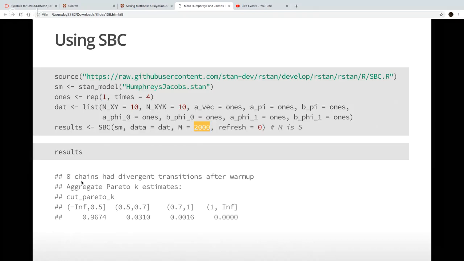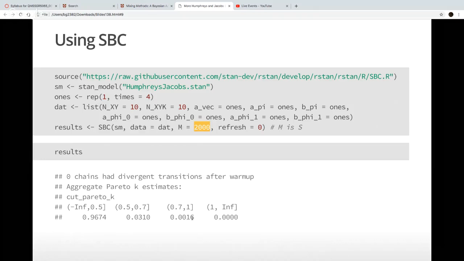So that's good. We also get these Pareto k-hat statistics by internally calling the loo function and evaluating all that. We see that over 96% of them had Pareto k values less than 0.5, which is very good. About 3% of them had between 0.5 and 0.7, which is only a small percentage. Very occasionally, probably nothing to worry about, but there's a small chance that you would have some observations that are a little bit too influential to be happy about.